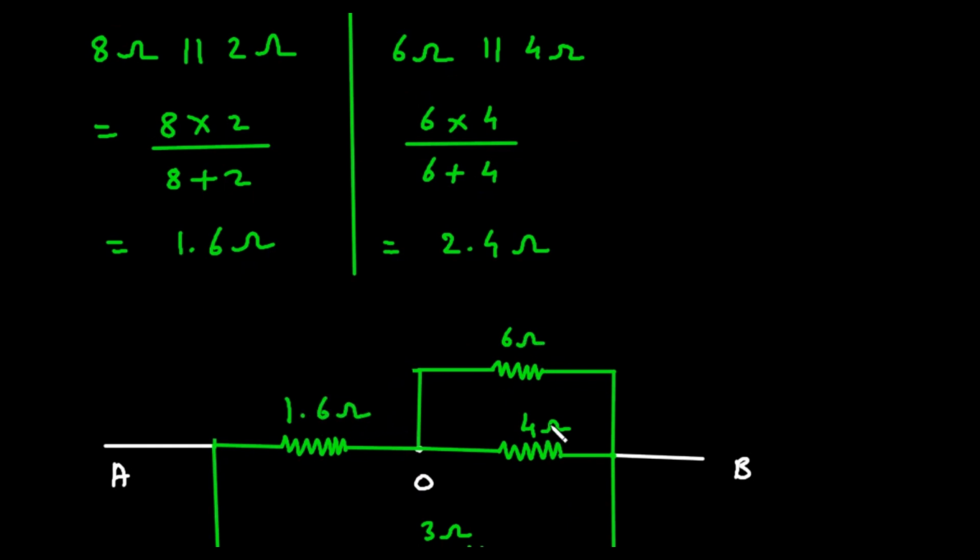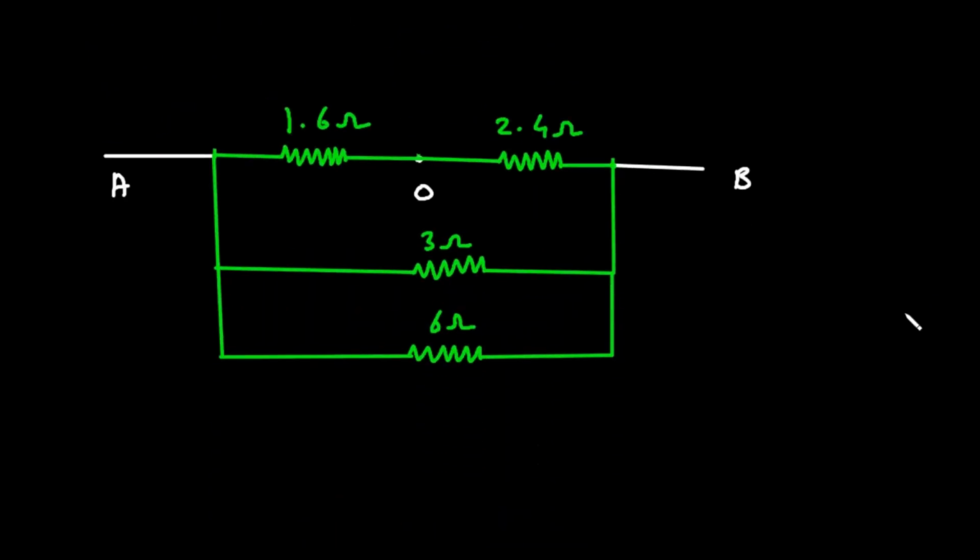And this 4 ohm and 6 ohm also can be replaced by 2.4 ohm. Now here we can see this 1.6 and 2.4, they are connected in series.